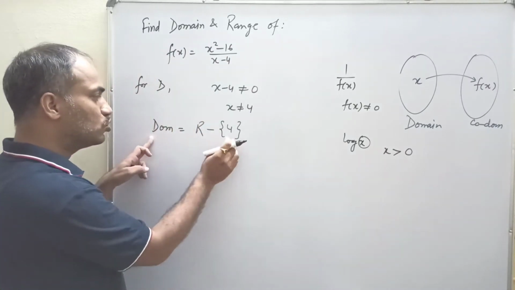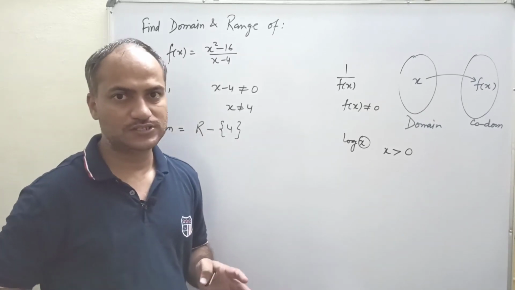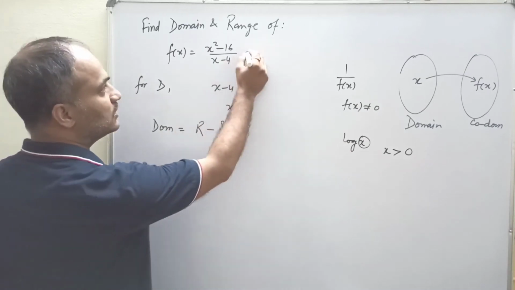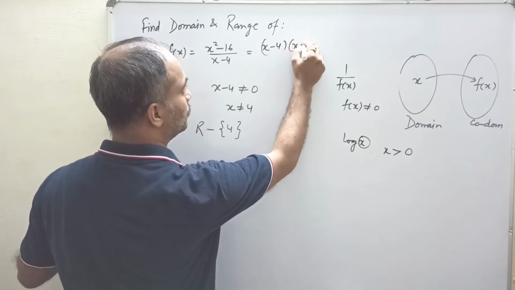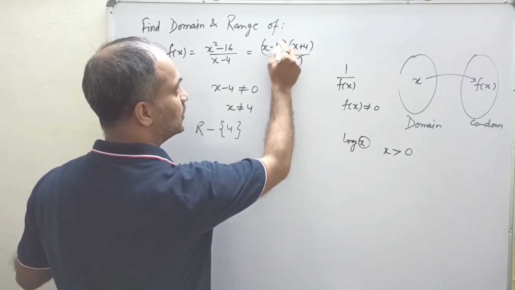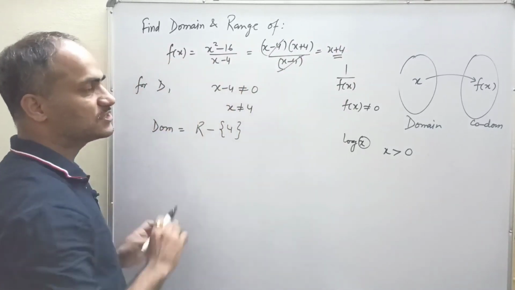So we have found the domain of this function as R minus 4, so 4 is excluded. Now for the range, we rewrite this function as (x minus 4)(x plus 4) upon (x minus 4). This cancels, so this becomes x plus 4. Now f(x) is x plus 4.